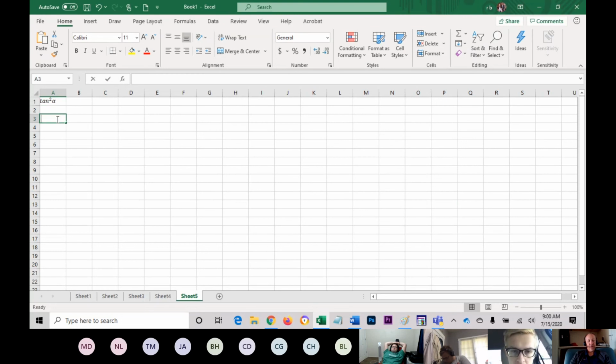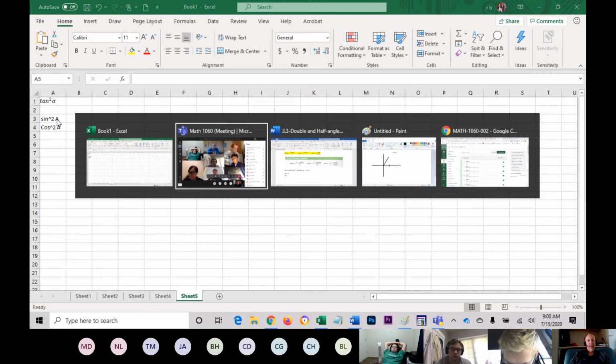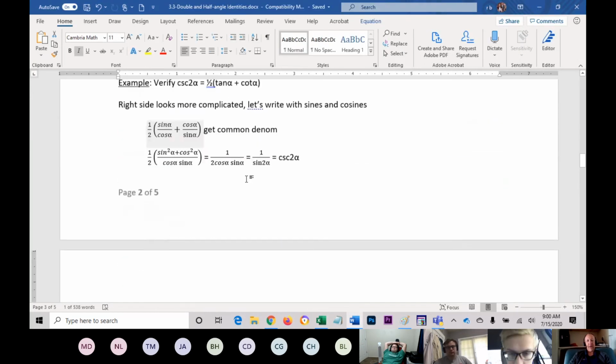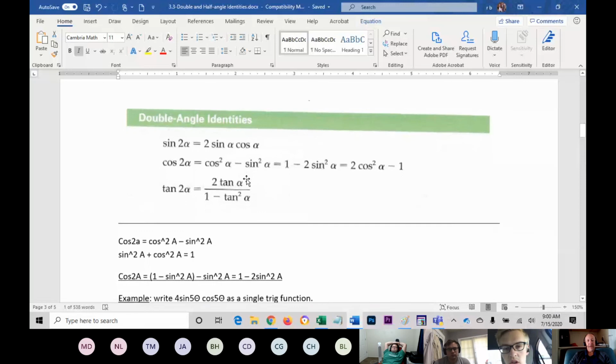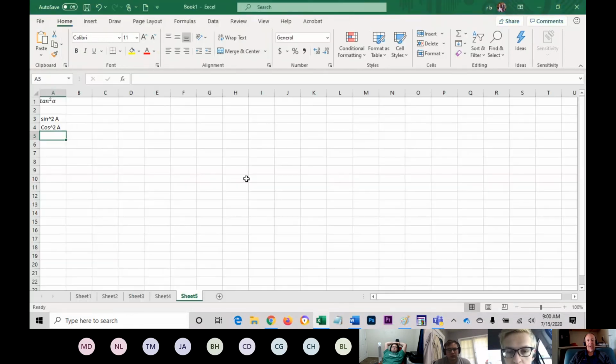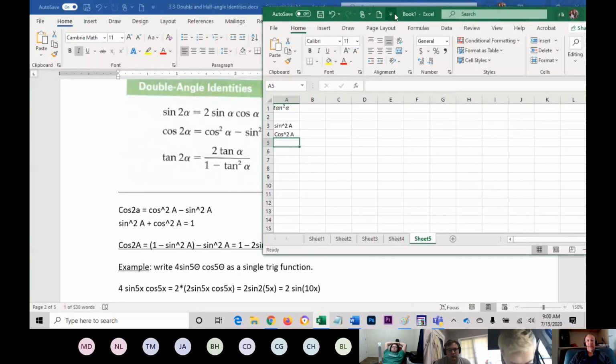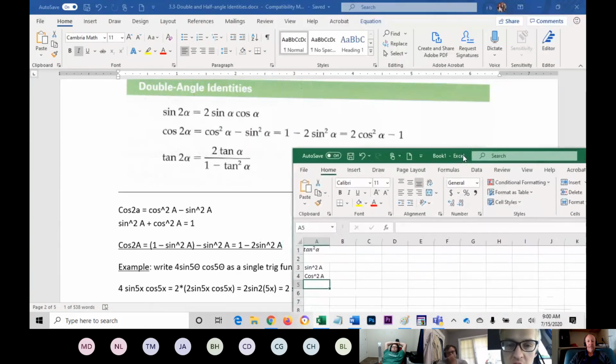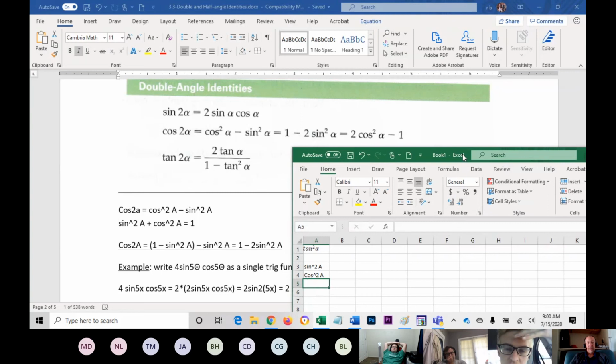Tangent squared of alpha, just like you said, is the sine squared of alpha over the cosine squared of alpha. Okay. All right. Now, I know you haven't quite memorized all these yet, but do any of these look useful? The cosine of 2 alpha. Or no, sorry. The tangent of 2 alpha?